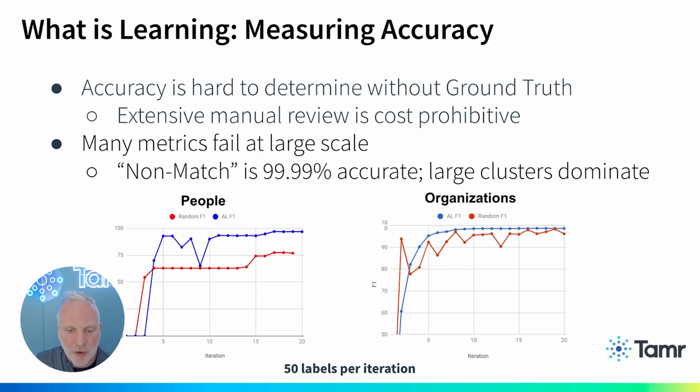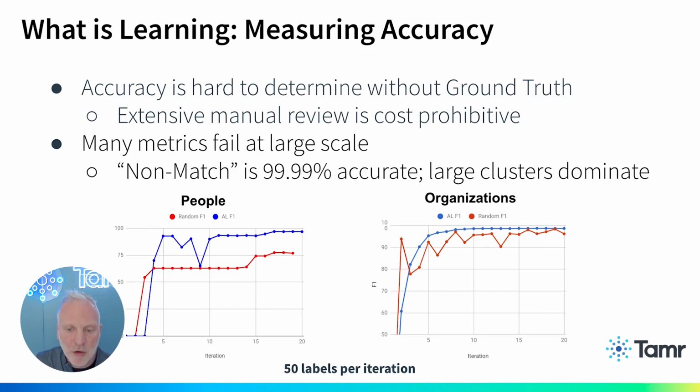For example, we observed in part 1 that a classifier that says non-match will be 99.99% accurate for record-oriented approximate metrics. If instead we measure whether records are clustered together correctly, large clusters will dominate the results.